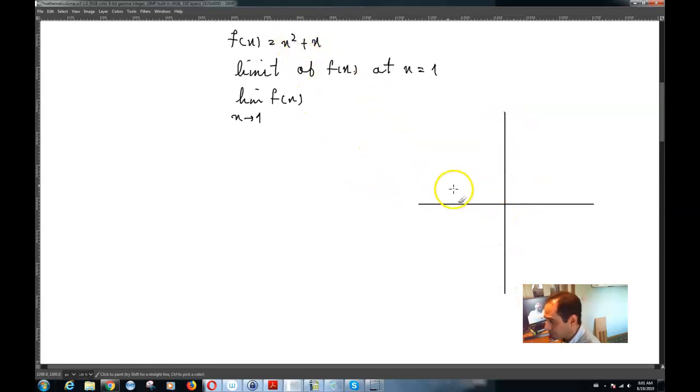For example, if x is equal to 0, then of course f of x is equal to 0. If x is equal to 1, then f of x is equal to 2.